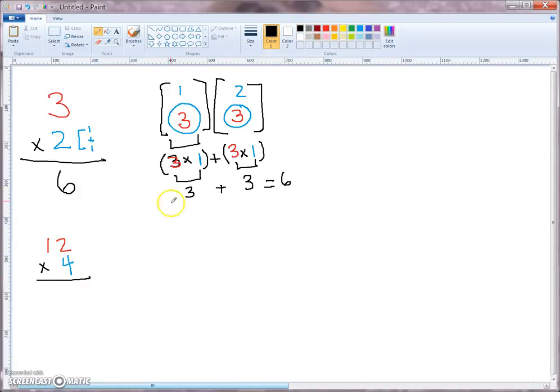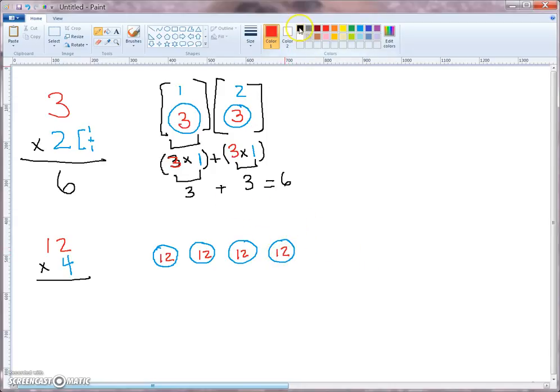Okay, so first you're going to ask yourself, how many groups are there? There's 4 groups. 1, 2, 3, 4. And how many numbers are in each group is 12, 12, 12, 12.